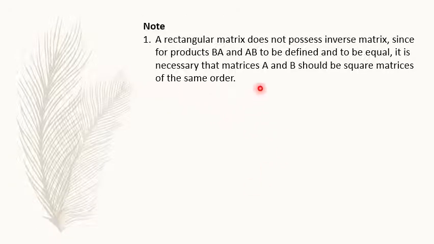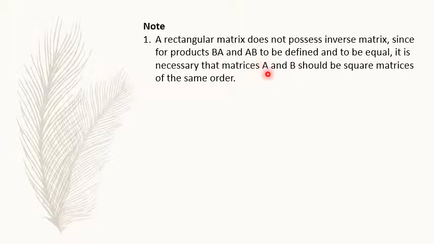Just note that a rectangular matrix does not possess an inverse matrix, because to find the inverse of a matrix, both the products BA and AB must be defined and both should be equal to the identity matrix of the same order.